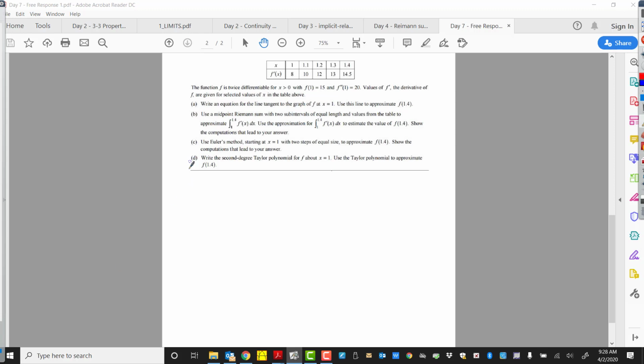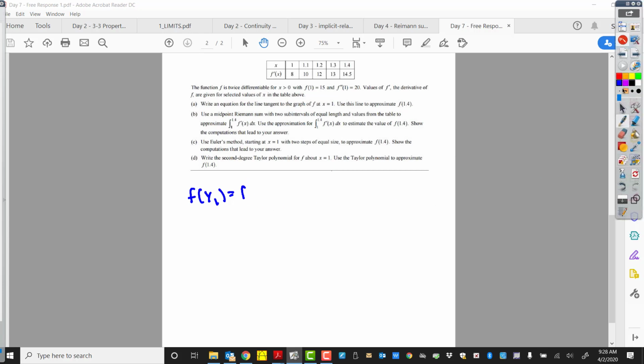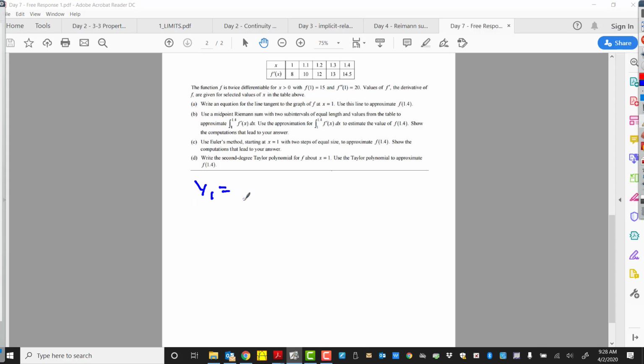So remember, for Euler's method, the way it works is, let me write it this way. y1 equals y0 plus delta x times f prime of x0.